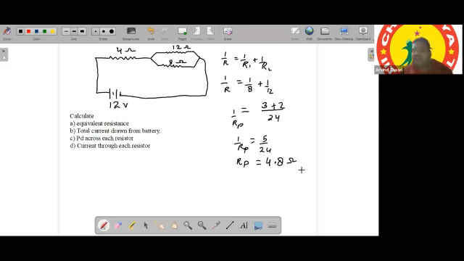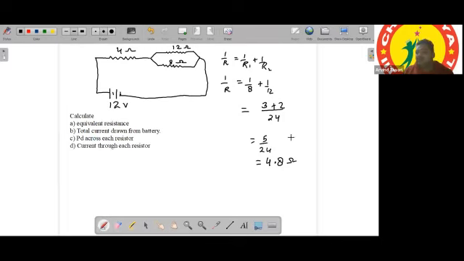Since every time we make the mistake, the solution to the problem is that you write the complete equation. Why does the error arise? See, Mehak can check her copy. The error is due to she had not written this 1 by R at each step. Just up to here she had written, and she got 5 by 24, and then she thought that the answer is 5 by 24.